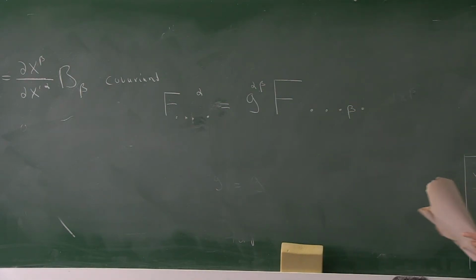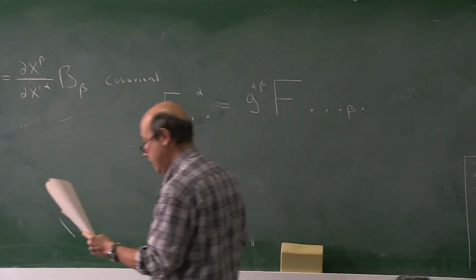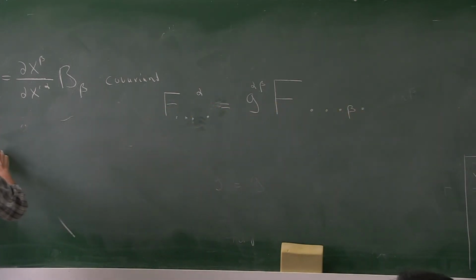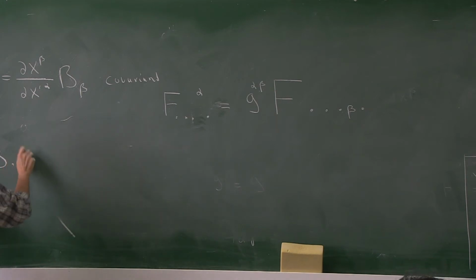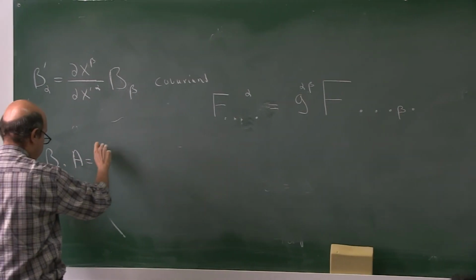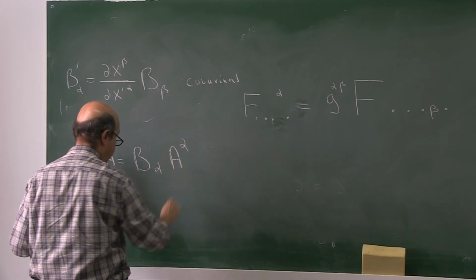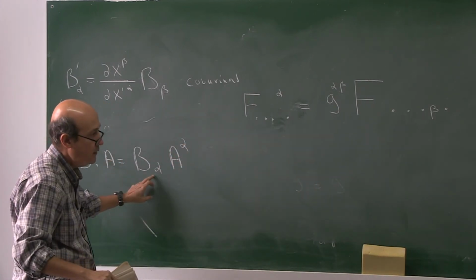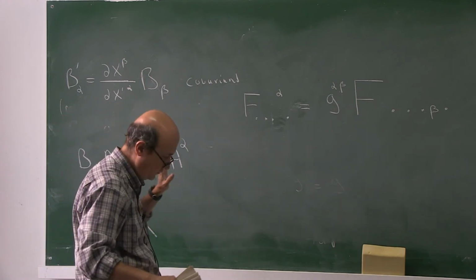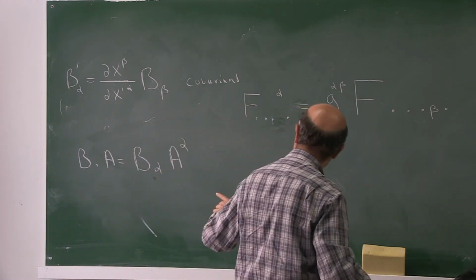And again, you can define the scalar product very easily. B dot A, again, go to the scalar product. Say B alpha, A alpha. What is the form of the 4 vector when the index is done?